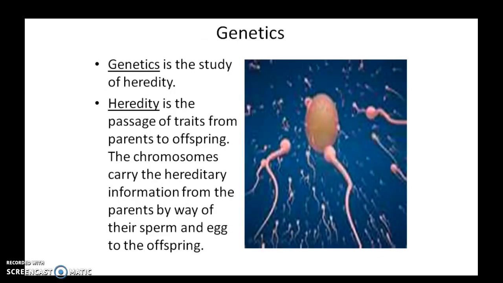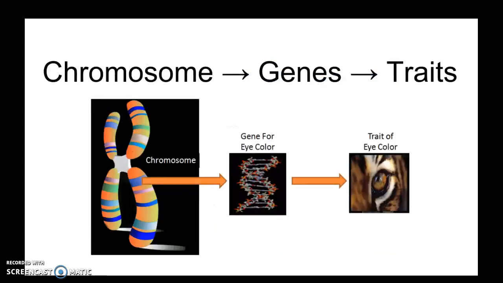So once again, this chapter is the genetics chapter, and it is the study of heredity. And heredity is the passage of traits from parents to offspring. And this is done through the gametes, the sperm and egg, and the chromosomes that are held within those gametes. The whole concept of this chapter is that your chromosomes have many genes on them, and those genes code for your different traits.